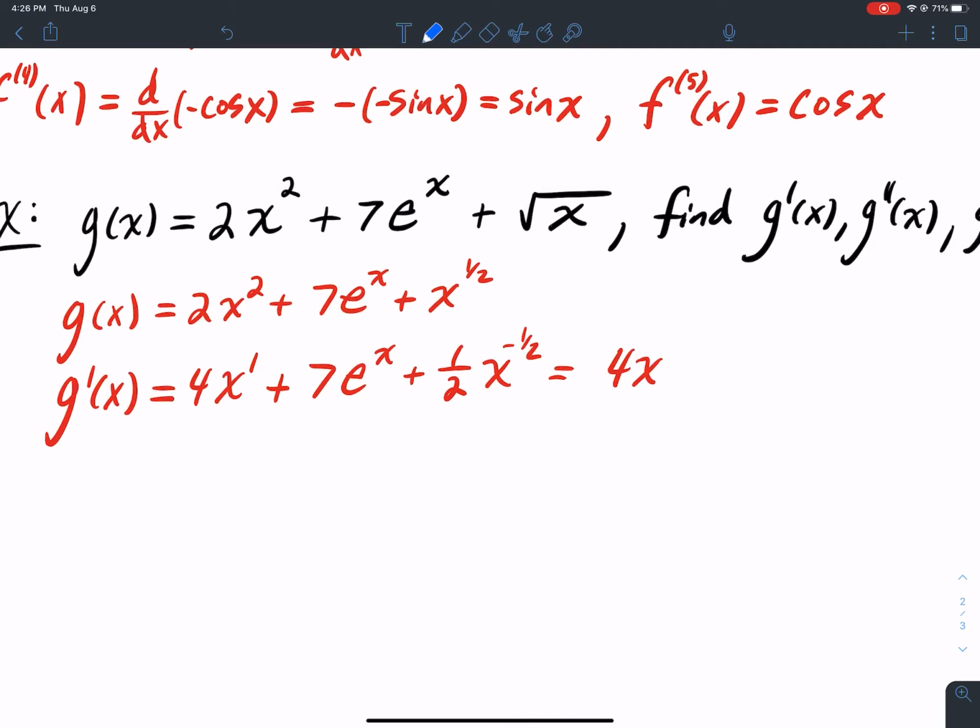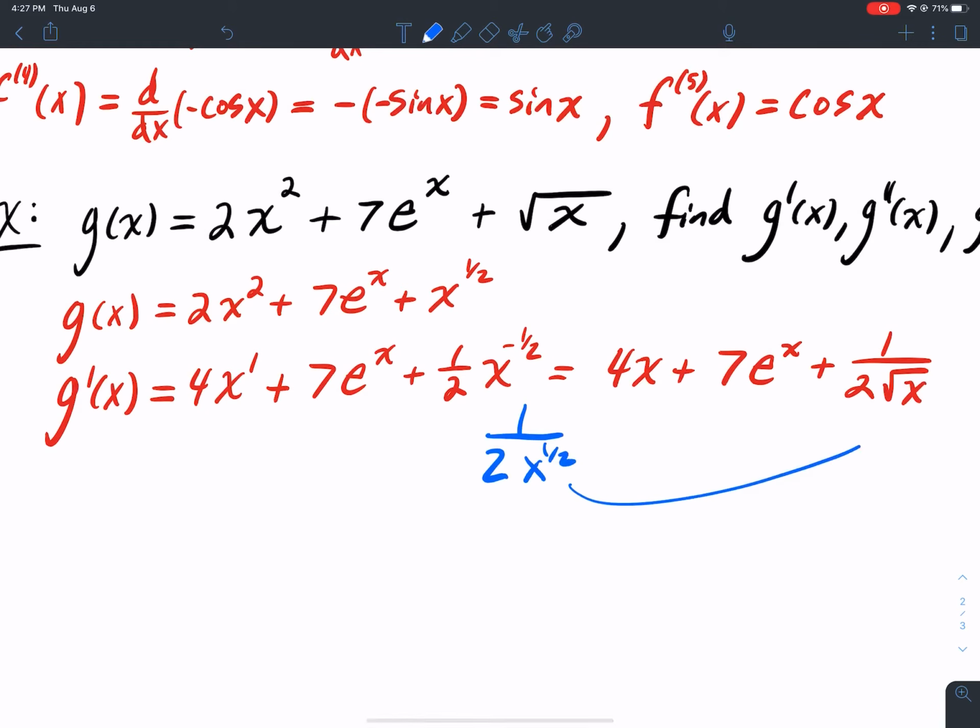So that's 4x plus 7e to the x. And then this negative exponent comes to the denominator. So that's 1 over 2 and then x to the 1/2. And then I can convert back to my radical form, square root of x in the denominator there, okay?